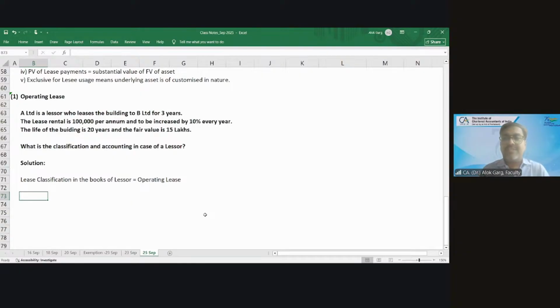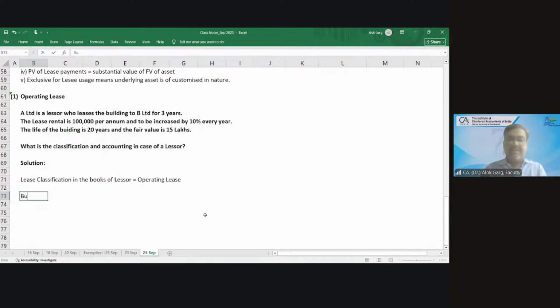What is the nature of this asset in the books of the lessor? The lessor is the owner of this asset. Yes, sir, it's PPE. It's an investment property, because this is a building kept by the lessor for rental purposes. Remember, I also talked about the exception in the definition of PPE. Yes, it is an investment property.